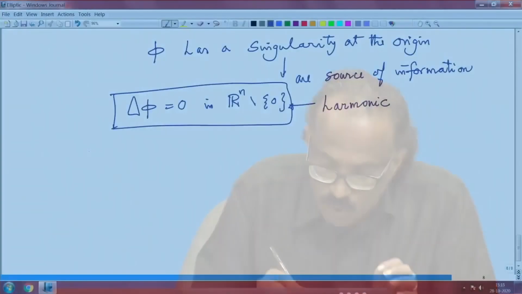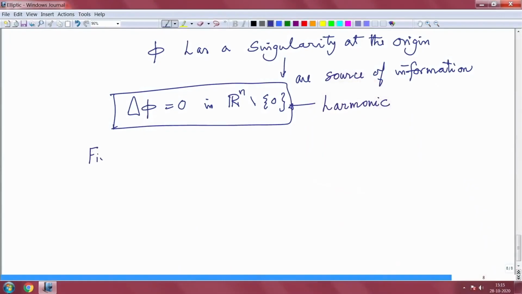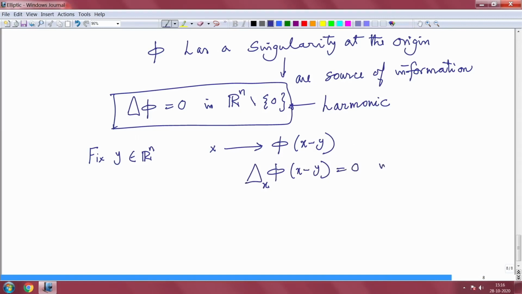So, you can change this direction now. Fix y in Rn. I can define x going to phi of x minus y. Then again the Laplacian with respect to x of phi of x minus y equals 0 in Rn minus y.